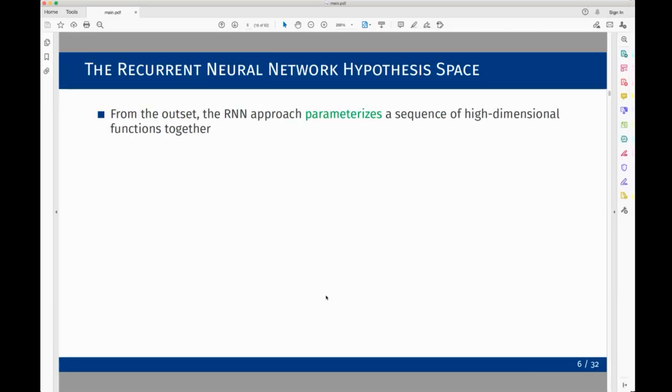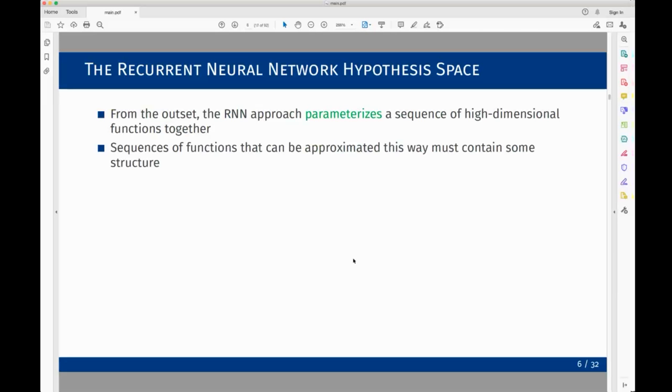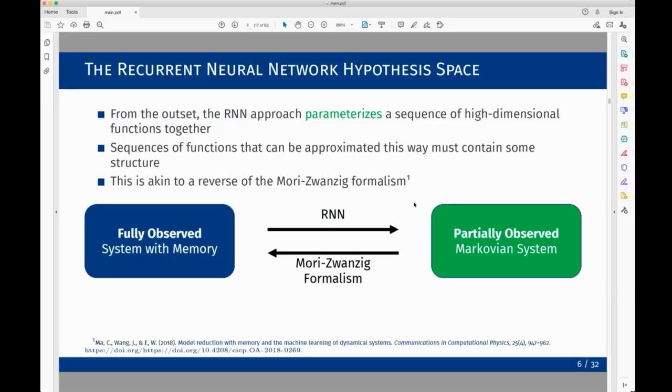To make sure our recurrent neural network can do a good job in terms of representation or parameterization, you can imagine the sequence of functions that can be approximated in this way must contain certain structure. It is hopeless to expect that our recurrent neural network can approximate arbitrary functionals.